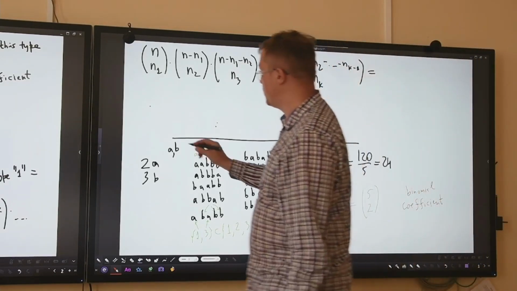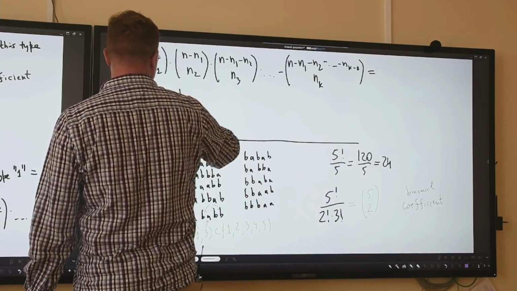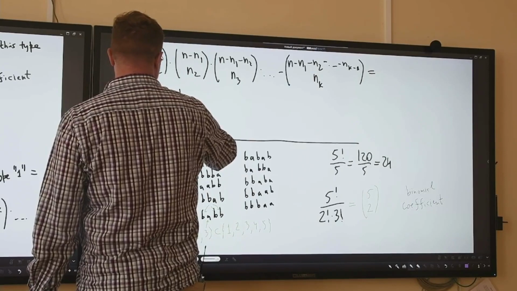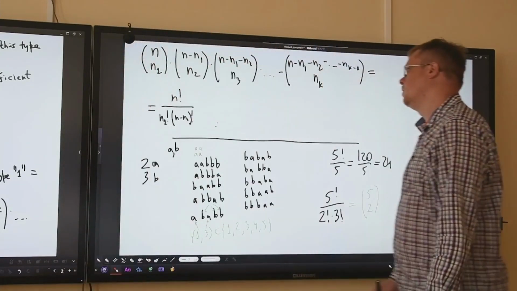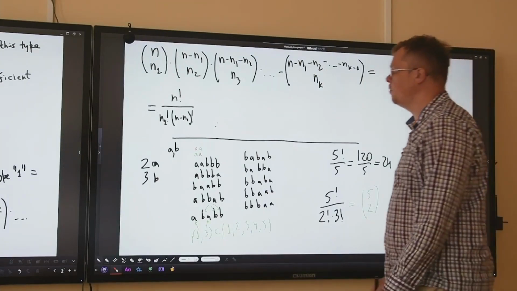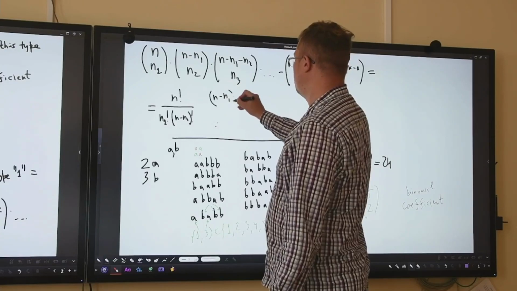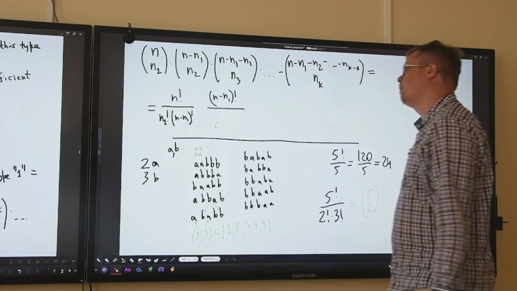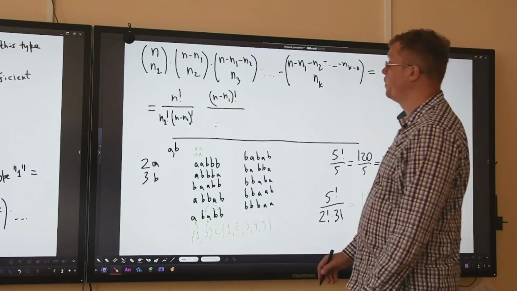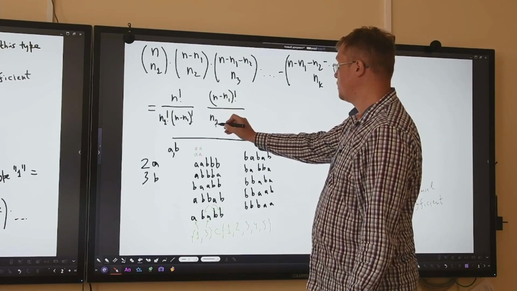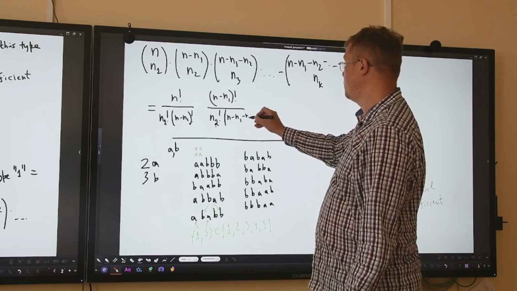And so if I write this in terms of factorials, this will be n factorial divided by n1 factorial times n minus n1 factorial. The second one will be n minus n1 factorial divided by n2 factorial times n minus n1 minus n2 factorial.